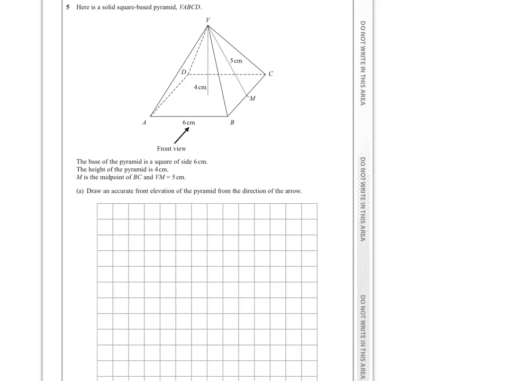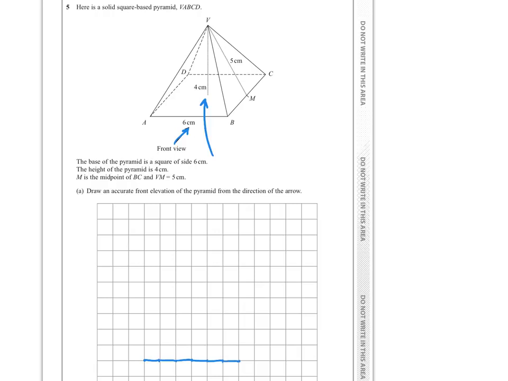For this question, we're given a solid square base pyramid, and we're given the dimensions, and we've got to draw the front elevation. So imagine we're looking at this part here, and we've got an arrow to show us what we're looking at. Well, we know the base is 6 centimeters. So 1, 2, 3, 4, 5, 6.